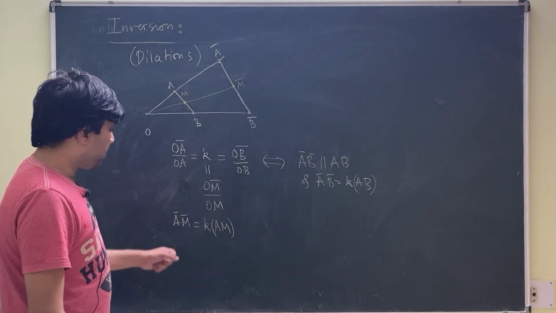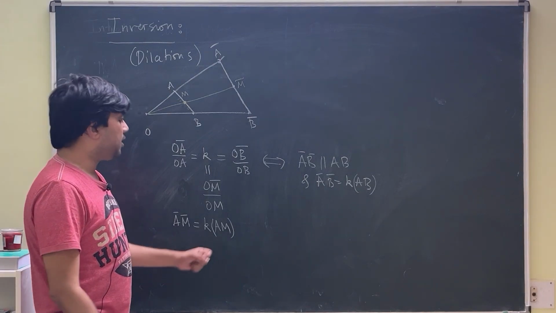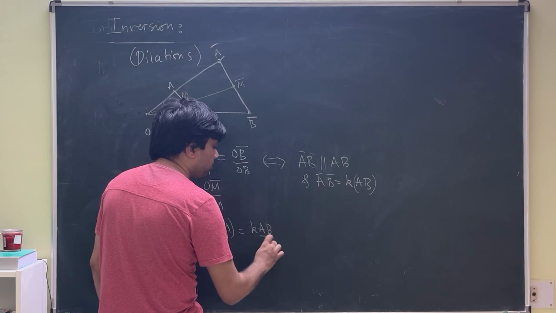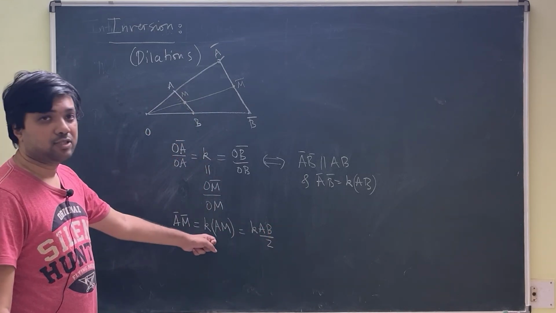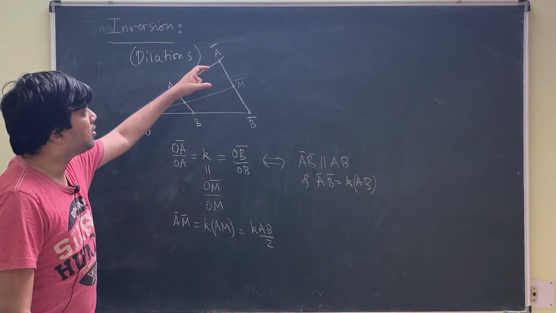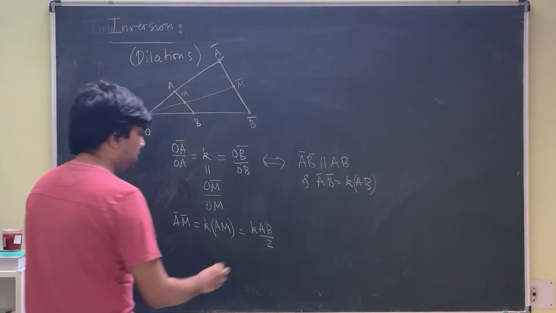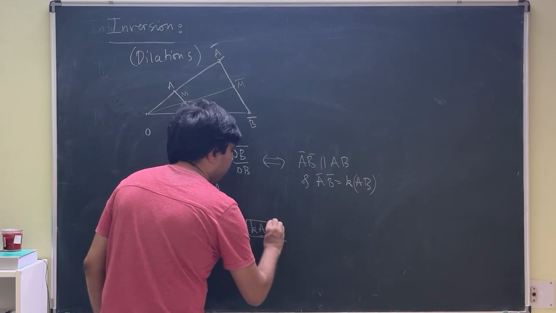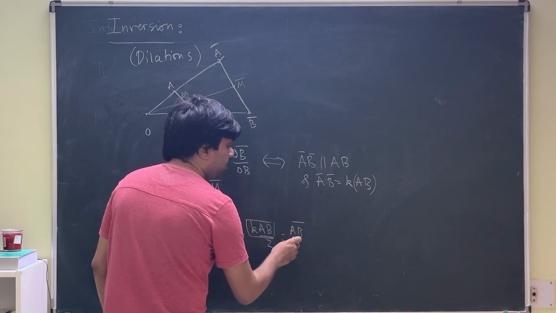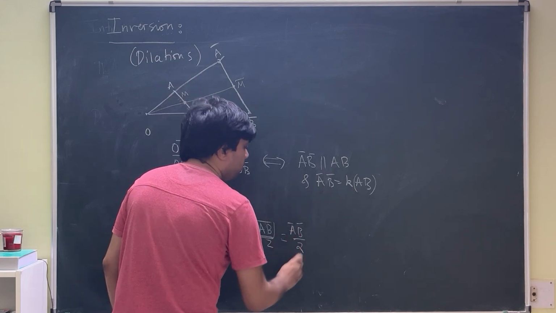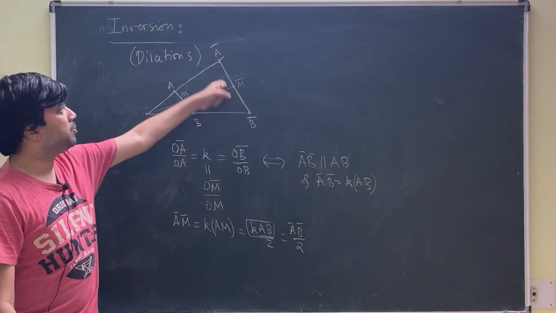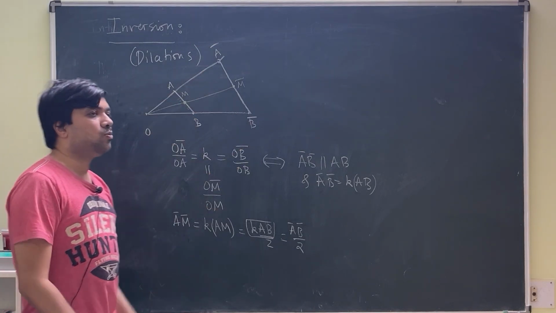But notice AM is actually AB by 2, and we know that k times AB is A bar B bar. So A bar M bar must be A bar B bar by 2, which means that M bar must be the midpoint of A bar B bar. Okay. So what is the moral of the story?